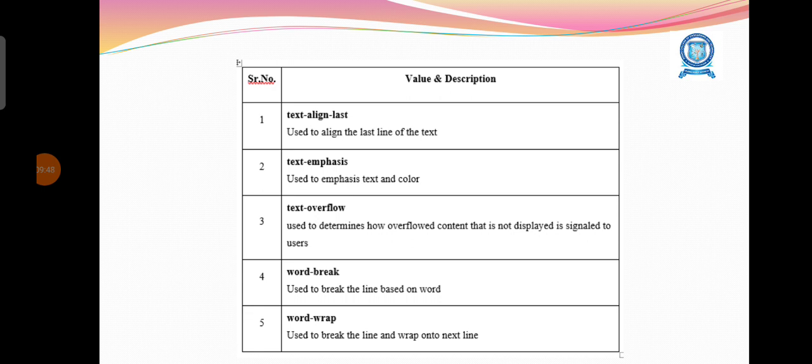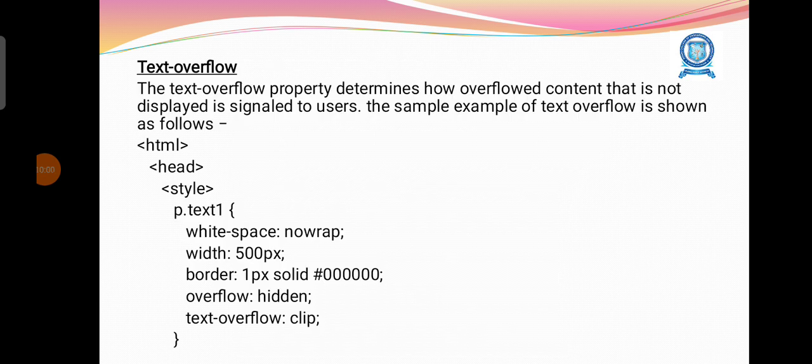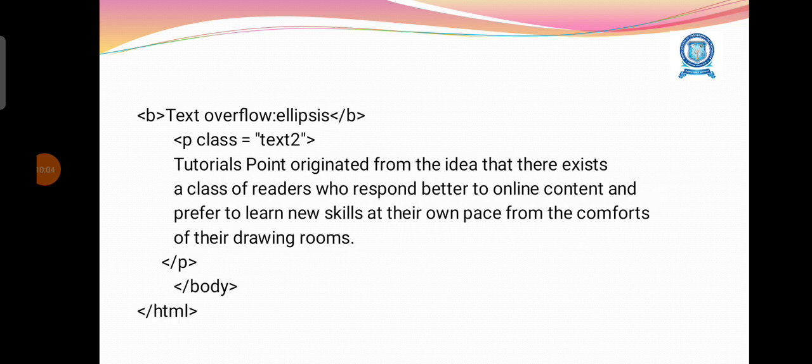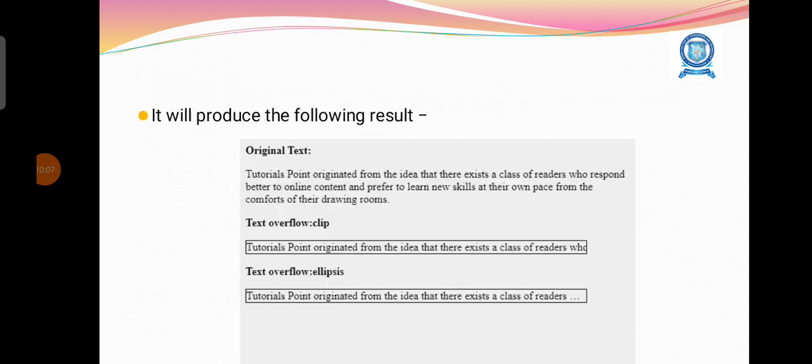So the text has several options to change the value, change some of the alignment, like text align last, text emphasis, text overflow, etc. Text overflow means we can specify the overflowing of the text in a particular field in different ways, like clip, ellipsis. Clip means ellipsis means the ending will have dots present at the end.